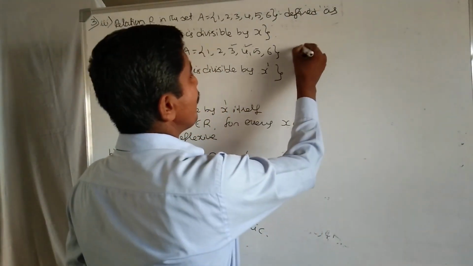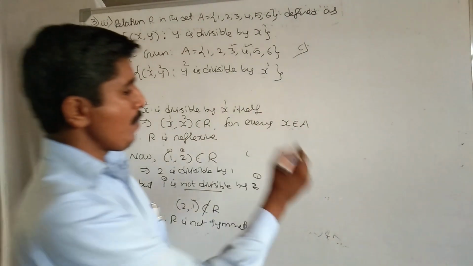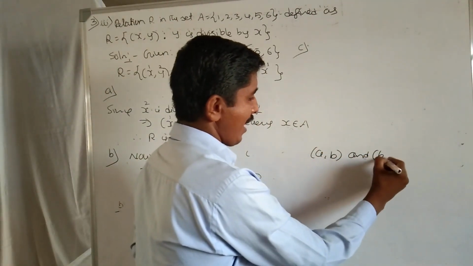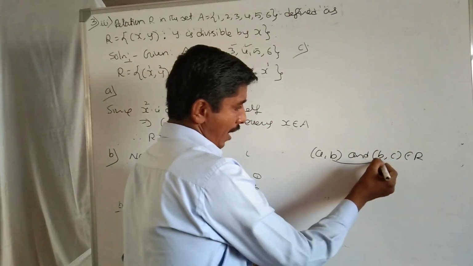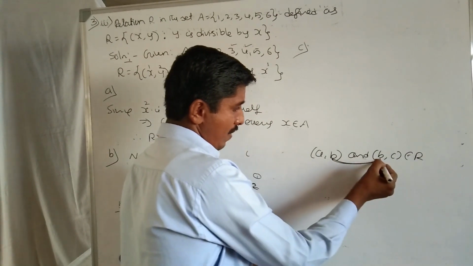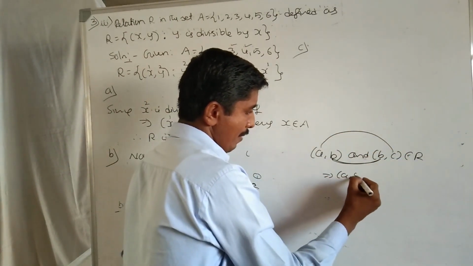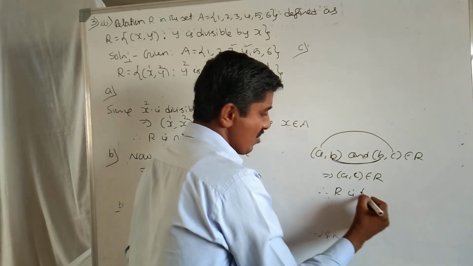Third one, C. I am taking a general example. Transitive means we know that (a, b) belongs to the relation and (b, c) belongs to the relation. Here the middle elements are equal: the second element equals the first element. Then (a, c) belongs to the relation means we say that the relation is transitive.